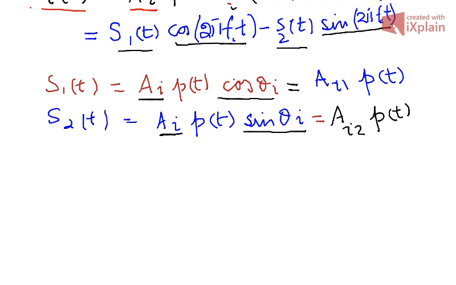So our s1 and s2 are for the time interval 0 to capital T. If we want to generalize this, usually in data we have many bits to transmit, so for these different bits we just select some symbols.